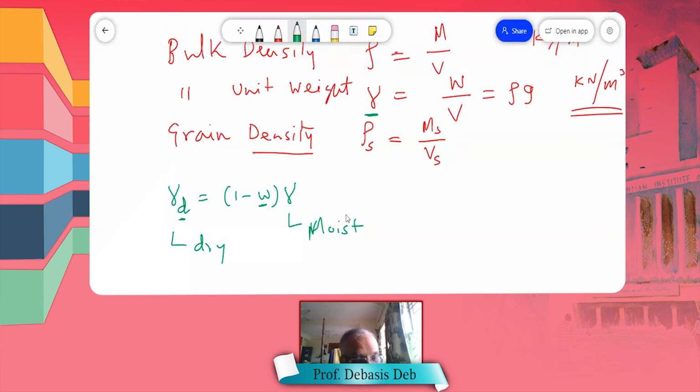I'm giving you 1 minute. How are you going to prove it? Anybody can tell me? Dry unit weight can be related to this. Can anyone tell me what will be the definition of gamma D?